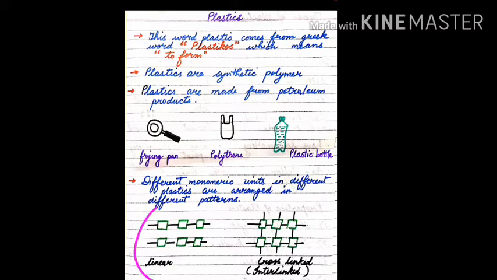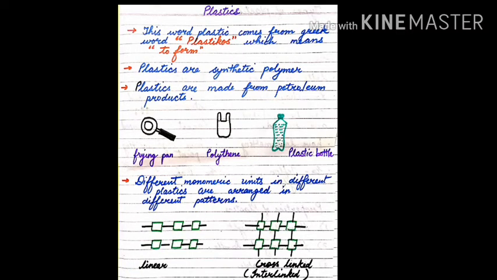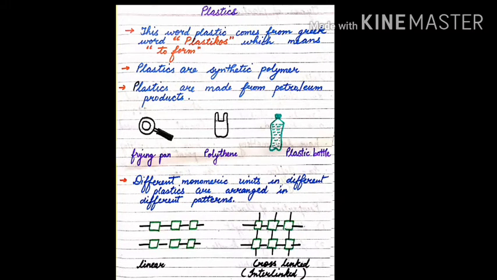The first one is known as linear, and on the other hand the second one is cross-linked, means monomers can be of the same kind or of different kinds. They can be linked to form a straight chain, you can see in the picture, or can be cross-linked, which is also known as interlinked arrangement of monomers in plastics.